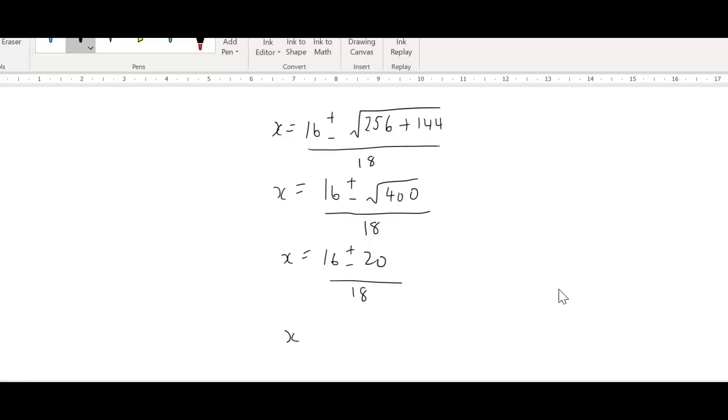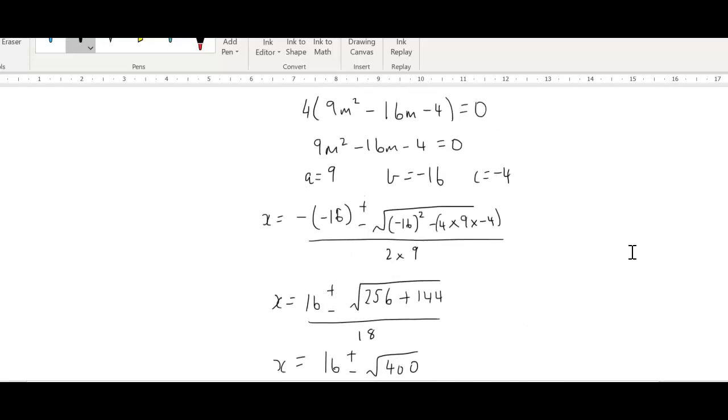I knew I couldn't have a third in there. So 16 plus 20 is 36 over 18, which is 2. And then 16 minus 20 is negative 4 over 18, which gives us negative 2/9.